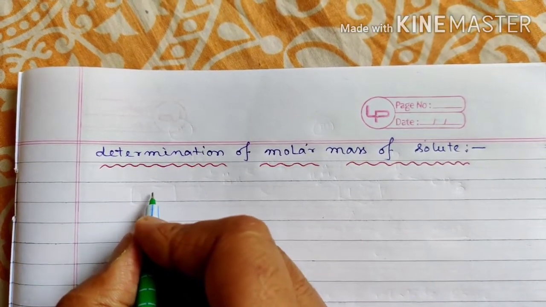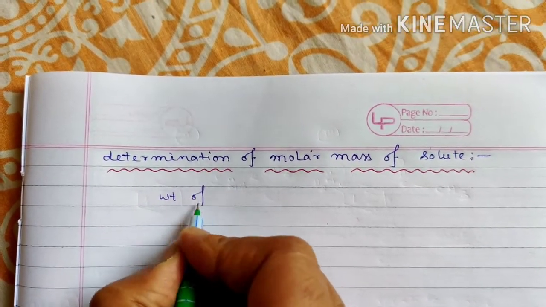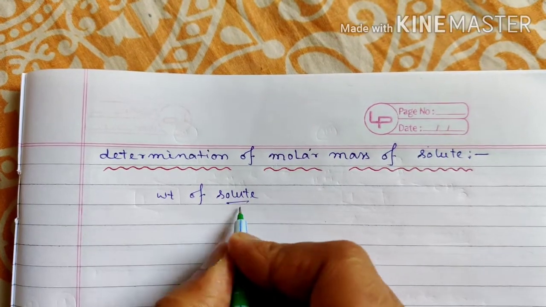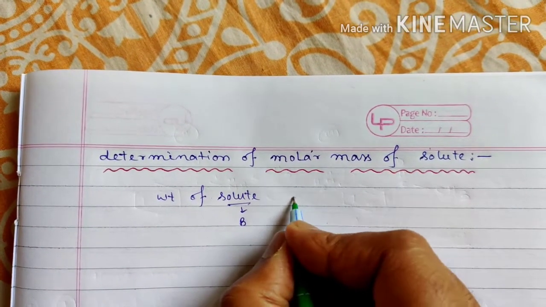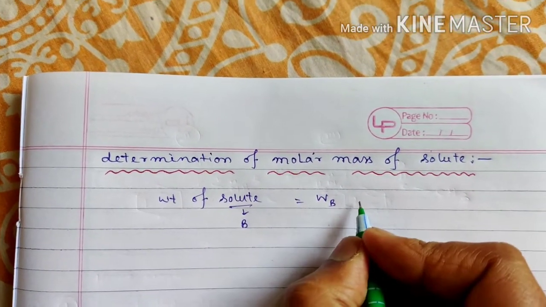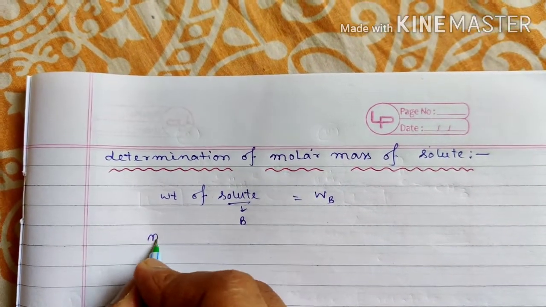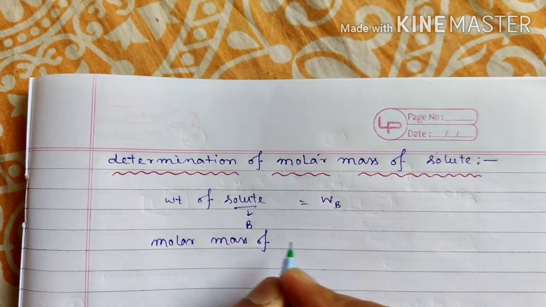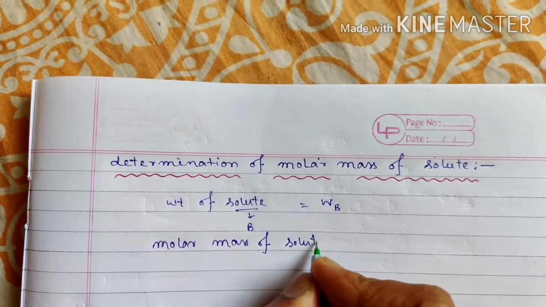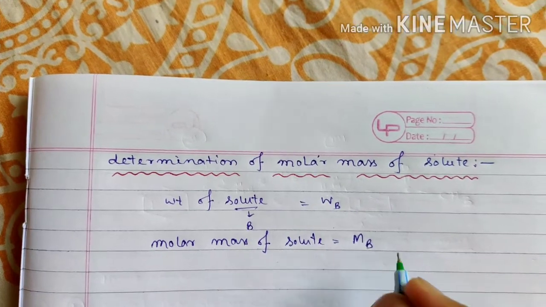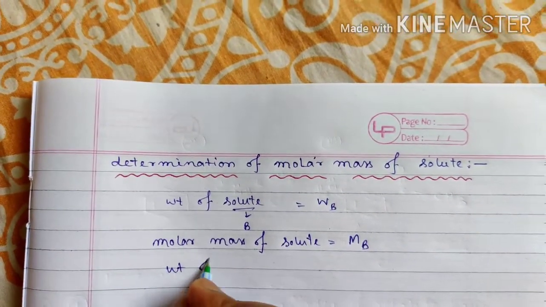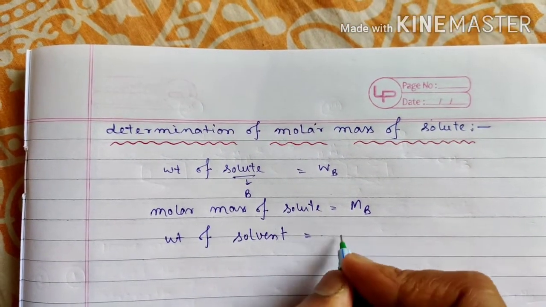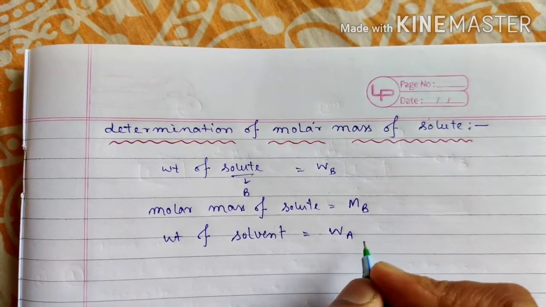If we consider the weight of solute, remember solute we are considering as B, so weight of solute we consider as Wb gram, molar mass of solute as Mb, and weight of solvent as Wa.